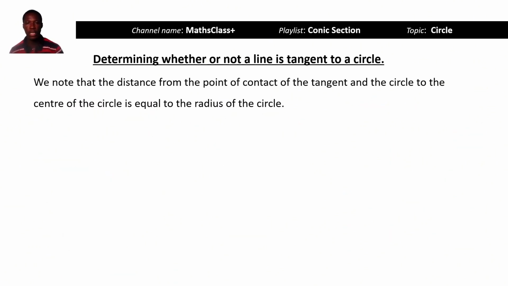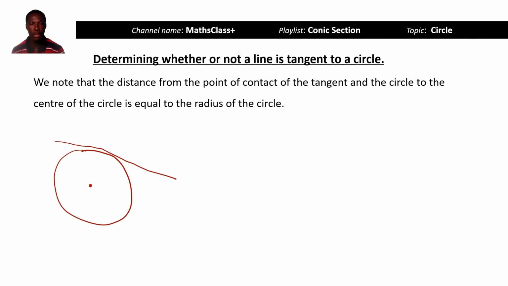Determining whether or not a line is a tangent to a circle. Okay, now when we are given a circle and there is a line that is possibly a tangent to that circle, we remember that from the center to the point of contact of the tangent, the distance is the same as the radius.